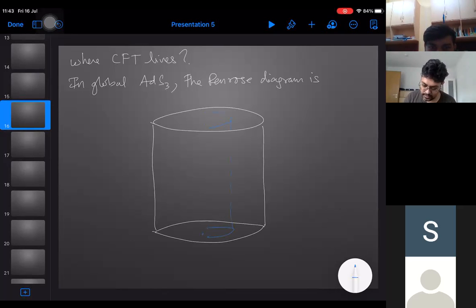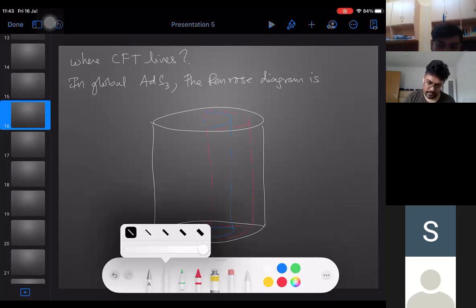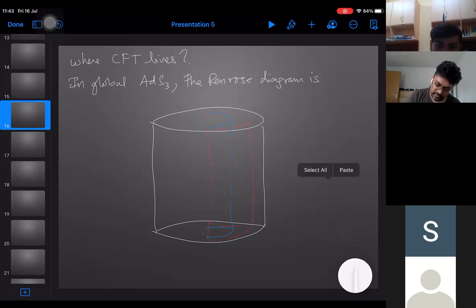And you have another boundary. This is your R equal to infinity. This one is R equal to some R naught. And this is R equal to R1. So what we have done here is indicate some surfaces of constant R.